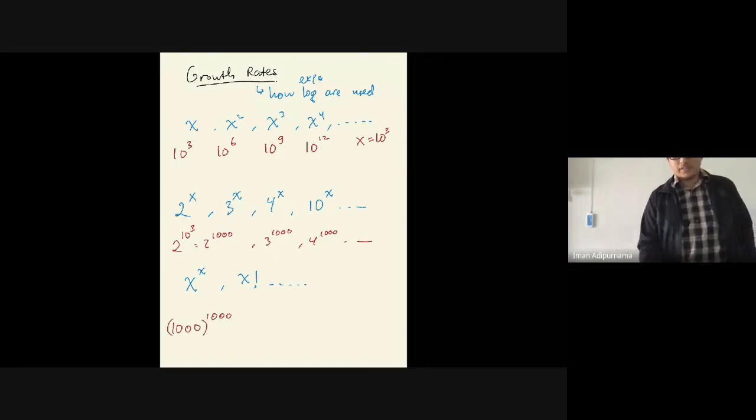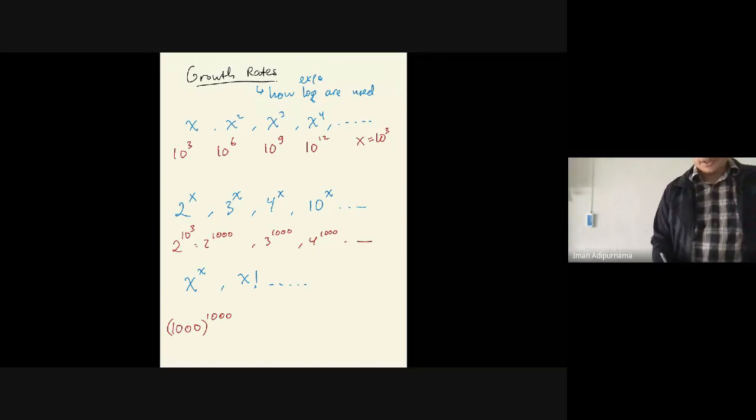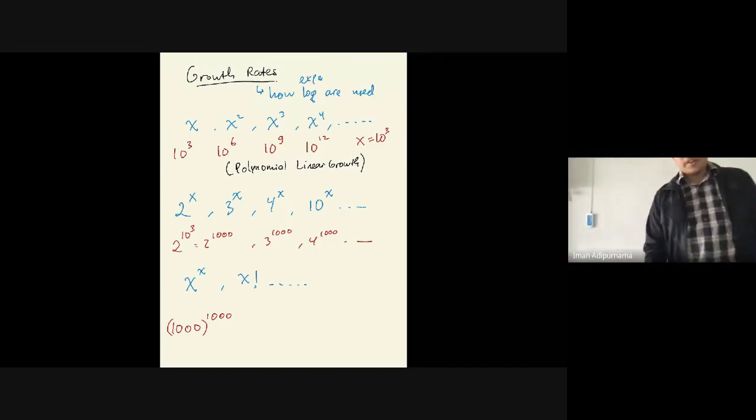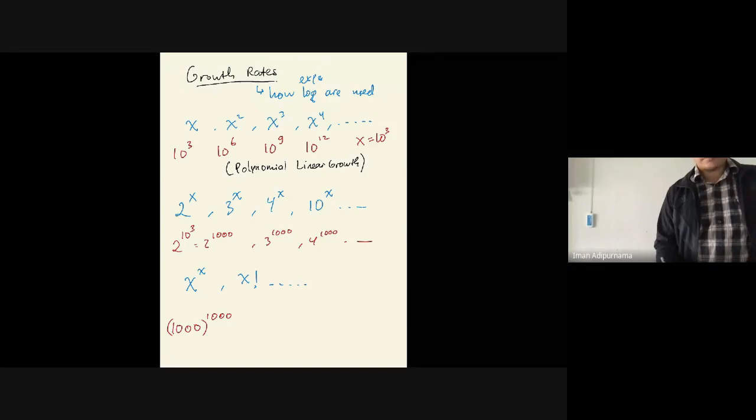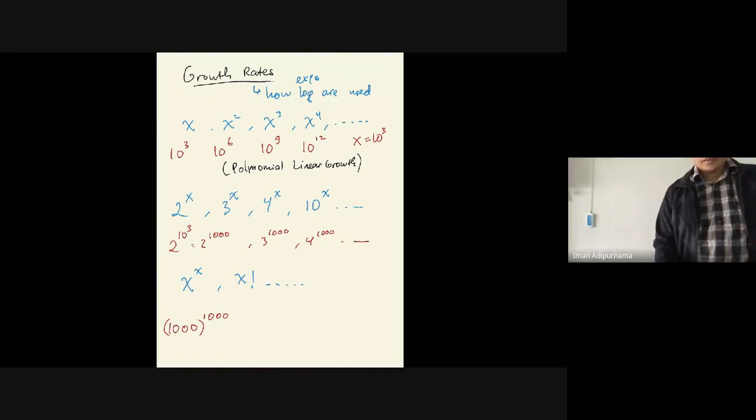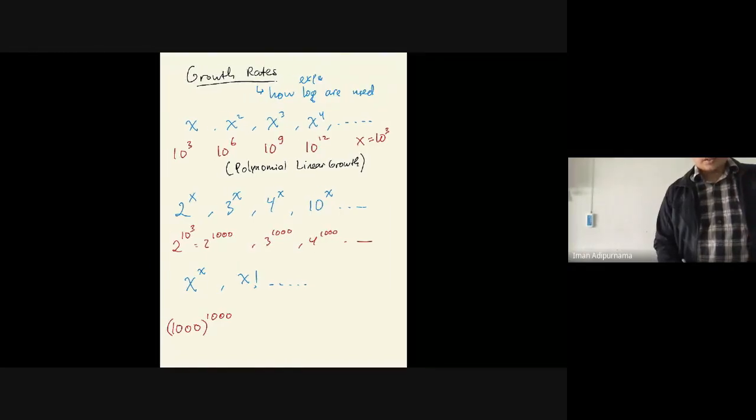It's getting crazy, right? So what I show you is that the first one is polynomial, meaning the growth is based on the power index.